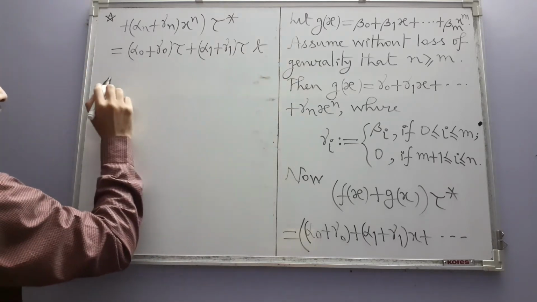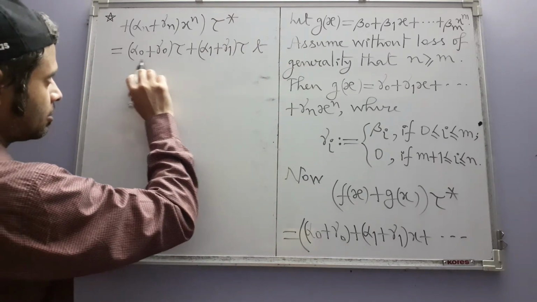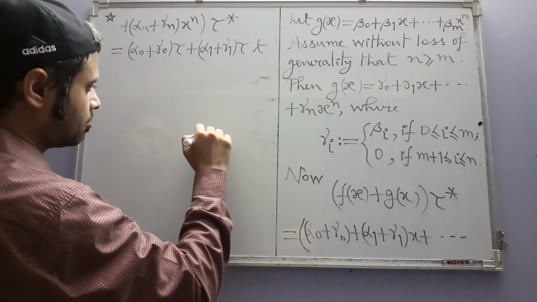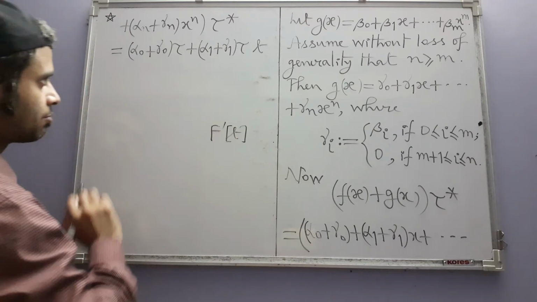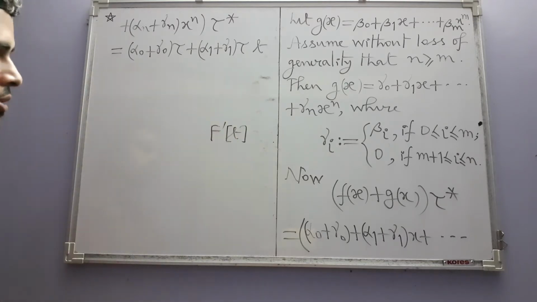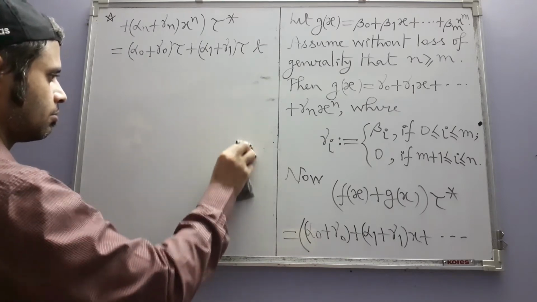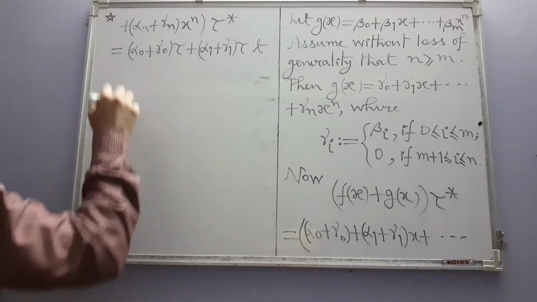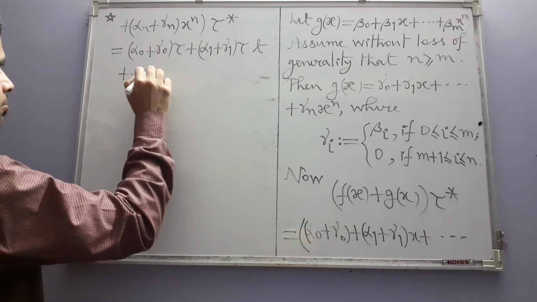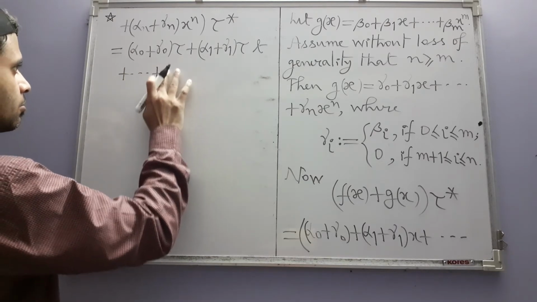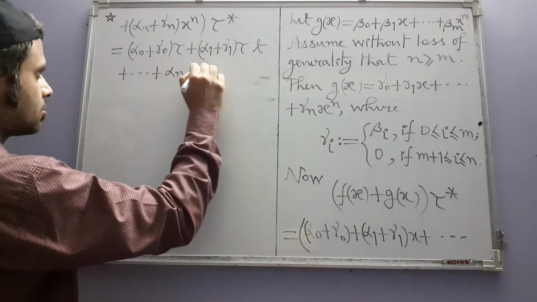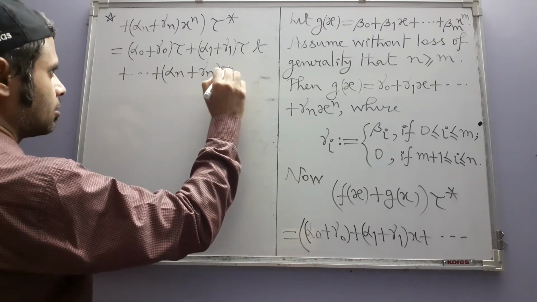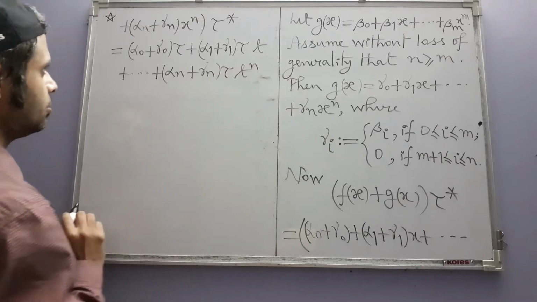The t is there because keep in your mind that we are now writing a polynomial in this polynomial ring, f prime t, so powers of t and all those things will be there. Plus alpha n plus gamma n tau t to the power n.